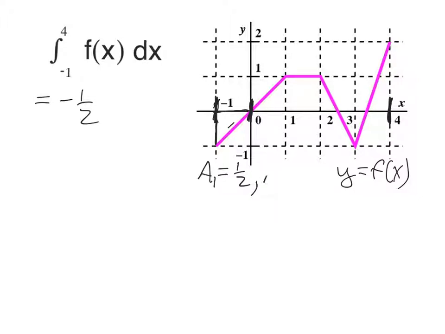Then the area of our second part, well, we may need to do a little more here. Looks like it goes from 0 to about 2.5. And what kind of area do we get there? This would be 1/2, this would be 1. What about this one?